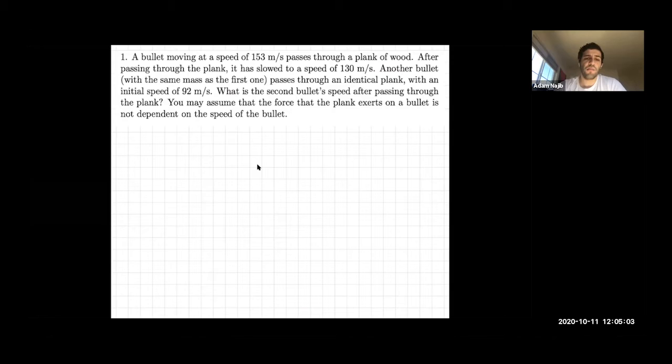So before I allow you guys the time to just solve it, I'm going to help us start this question out. So we have a plank of wood. This is a plank that a bullet has passed through. So this is the bullet.